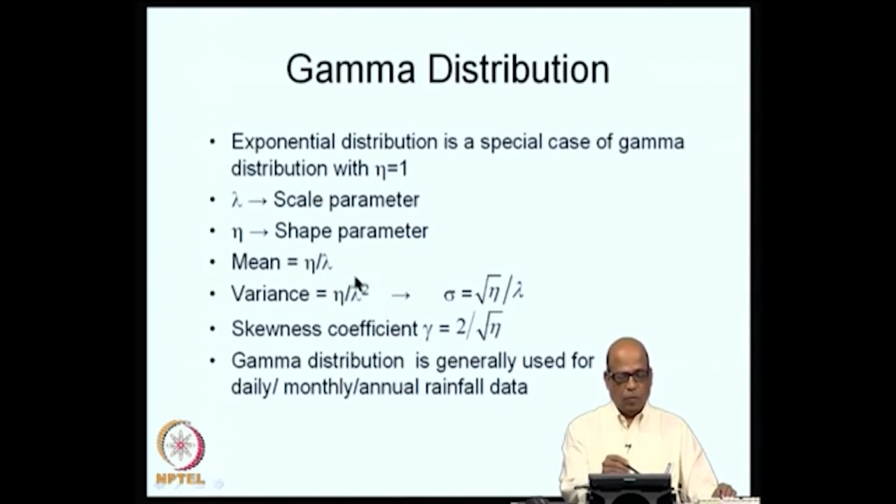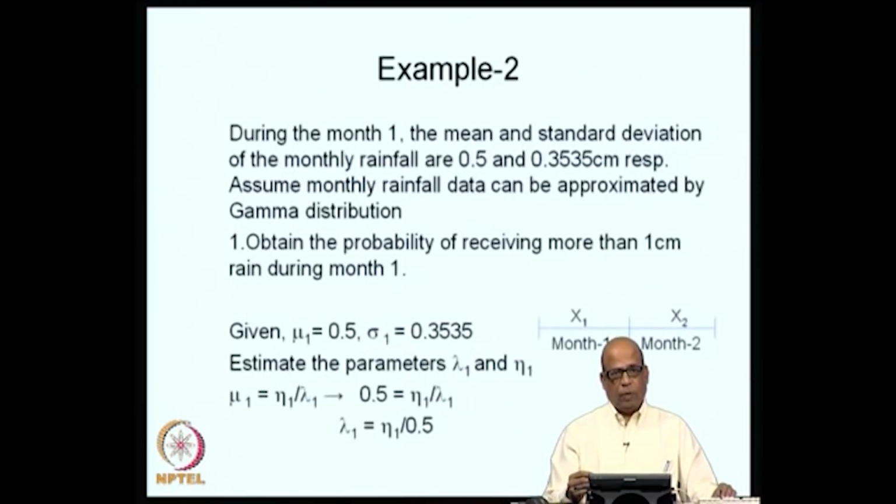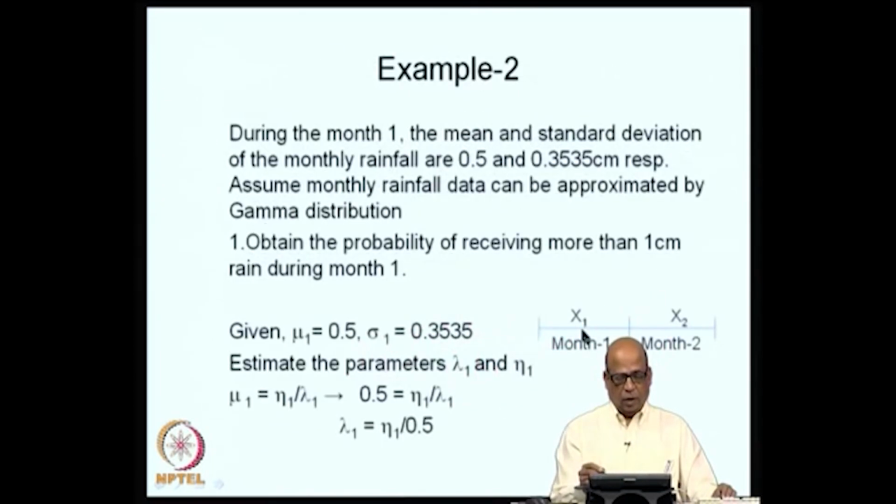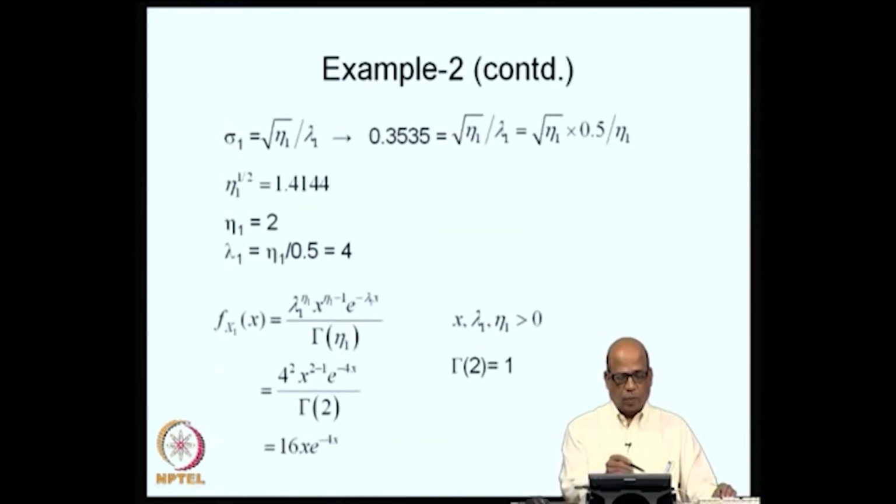Now, we use these two and estimate the parameters eta and lambda. When we do that, we get eta 1, the eta corresponding to the gamma distribution for the rainfall in month 1, which is represented by the random variable x 1. That parameter comes out to be 2, eta 1 is equal to 2, and from that we get lambda 1 is equal to 4.